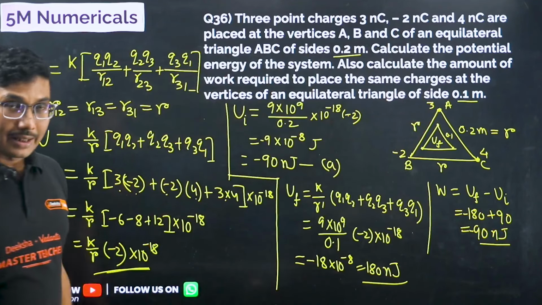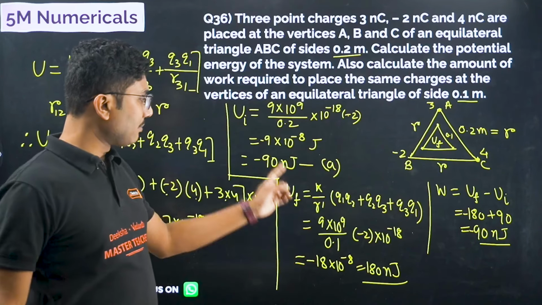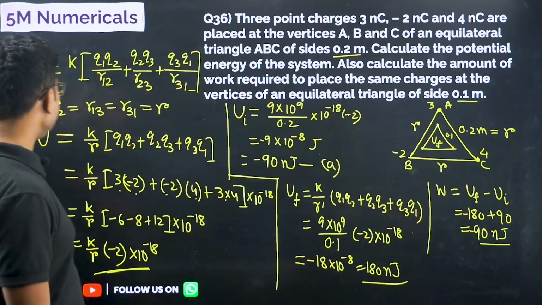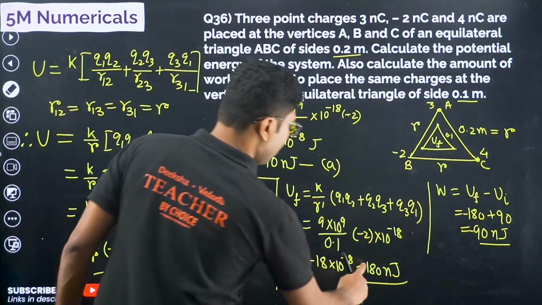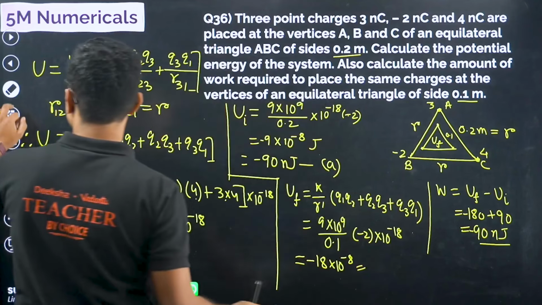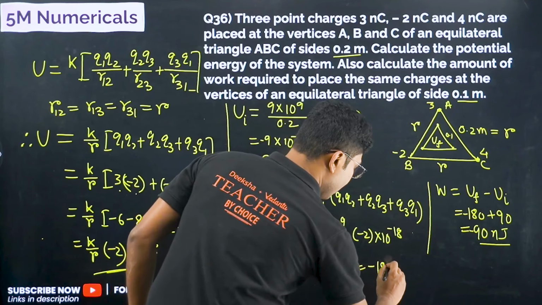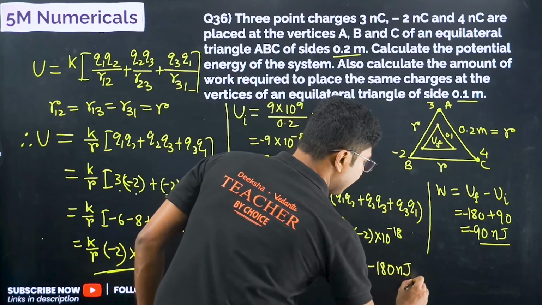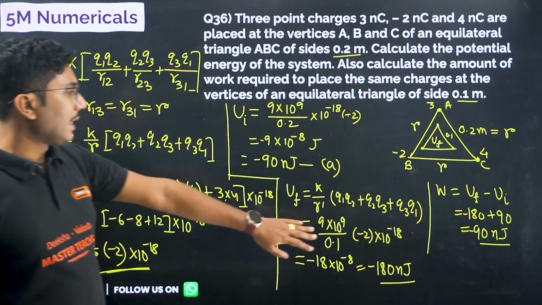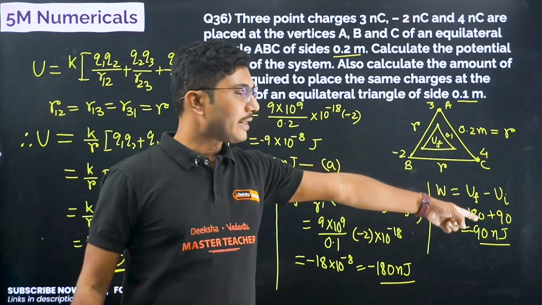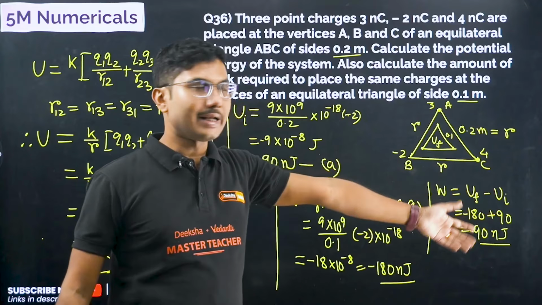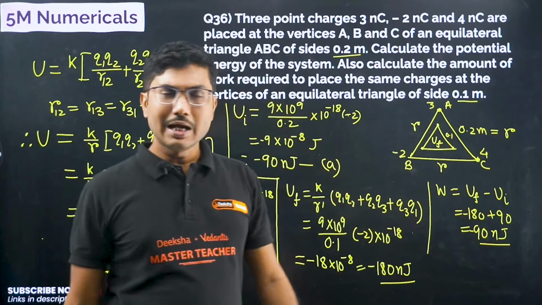Okay, final minus initial, both of them are negative, minus 180 and minus 90. So you might be thinking, sir, there is a negative sign you missed. Yes, I missed it, so now I have added it. Okay, so negative 180 minus negative 90, that is plus 90, so that will become minus 90 nanojoules.